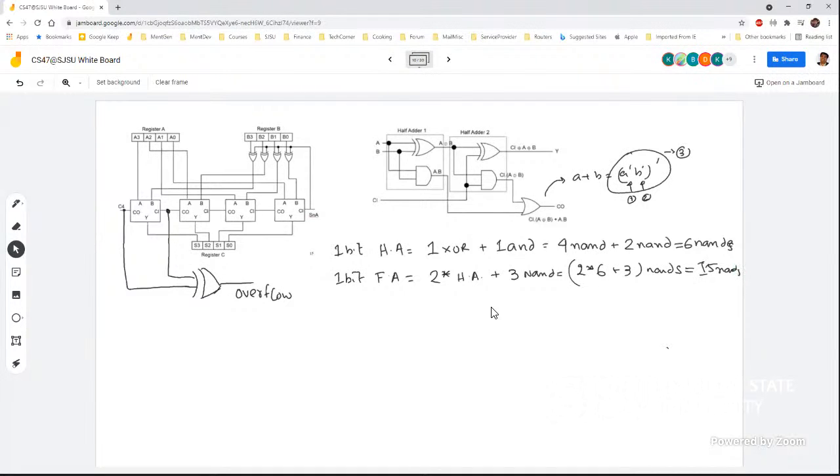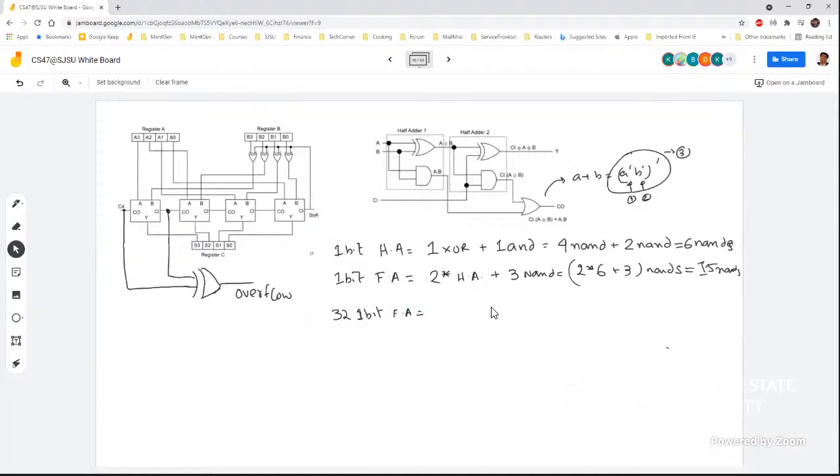Now, just for this part, that means for a 32-bit adder, this ripple carry adder circuit, how many do we have? 32, right? So we have 32 one bit full adders.